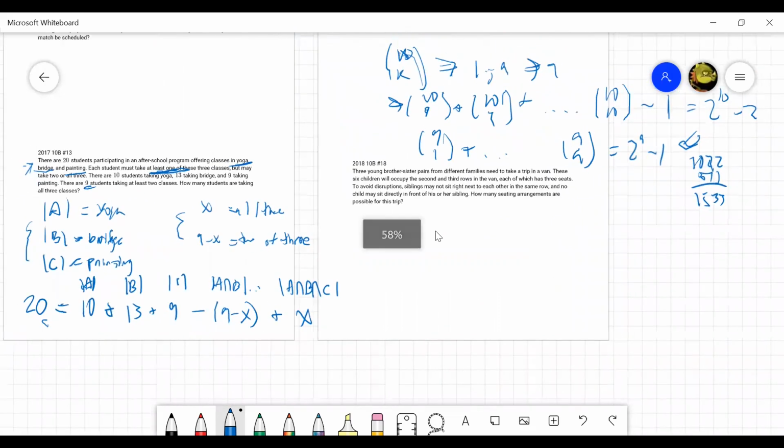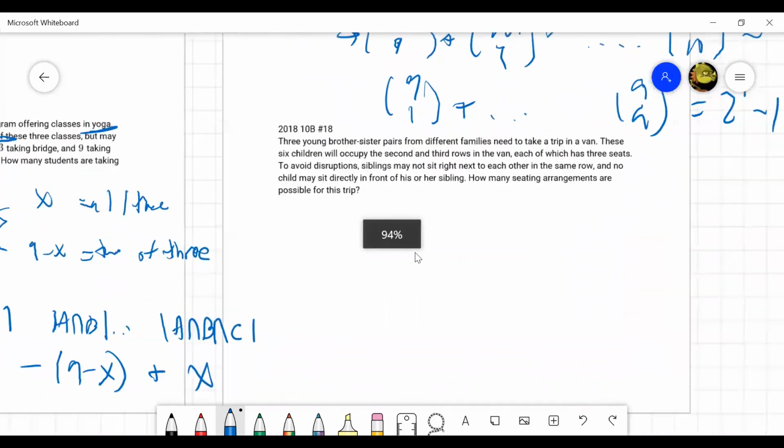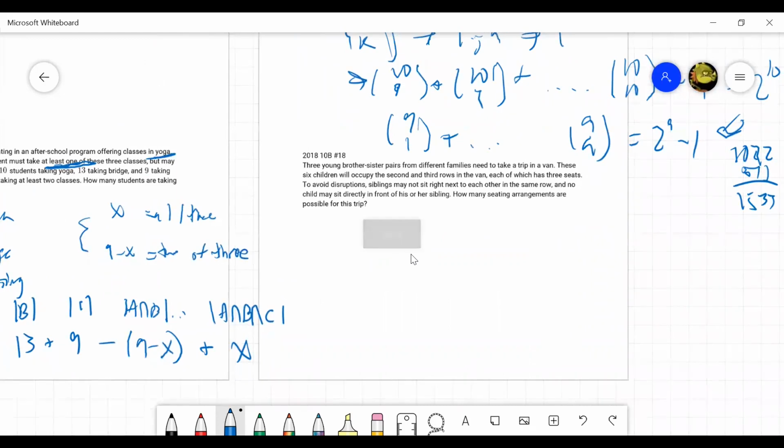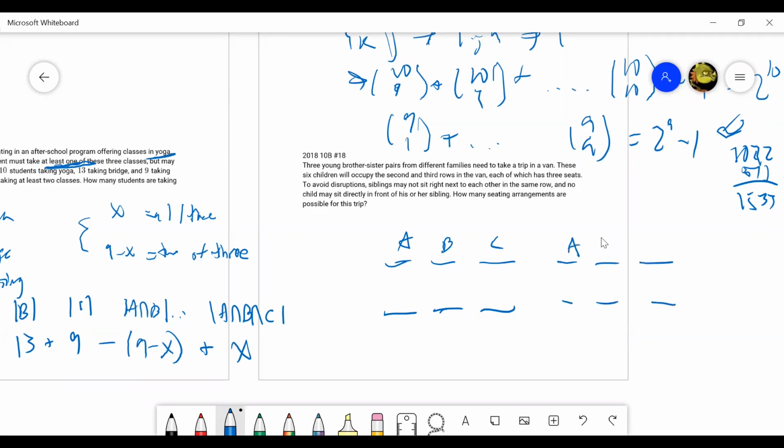So yeah, in this last problem, if you read it, 3 brother-sister pairs from 3 different families take a trip and they have 2 rows, so 3 seats in each row. Here are the constraints. So essentially, the main realization here is that each row has to have one person from each family. And this is because if we don't, that must mean one row has 2 from the same family.